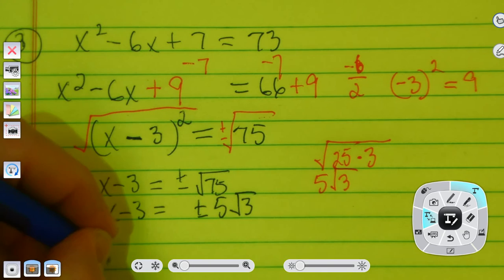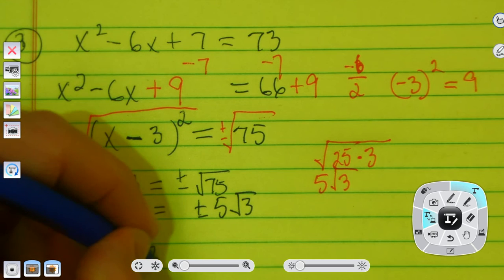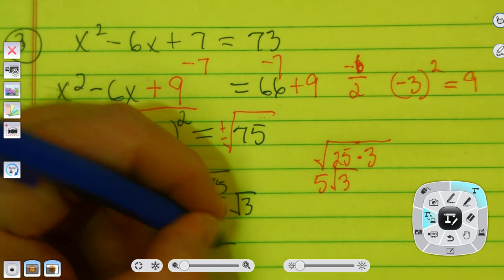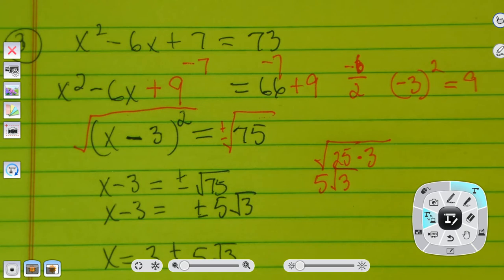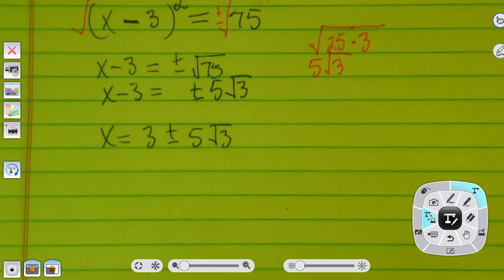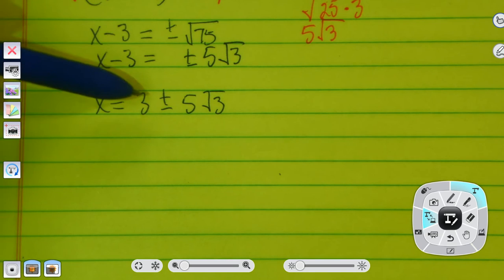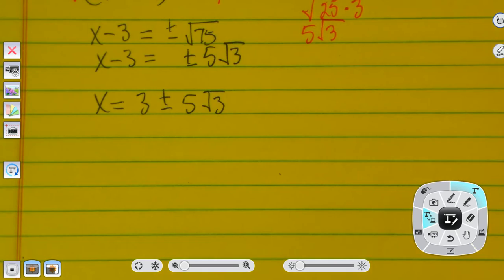Add 3 to both sides. X is equal to 3 plus or minus 5 radical 3. And that's my solution. Now, I could go and get decimal answers, or I could leave it just like that as a radical solution. I could write 3 plus 5 radical 3, or I could write 3 minus 5 radical 3.